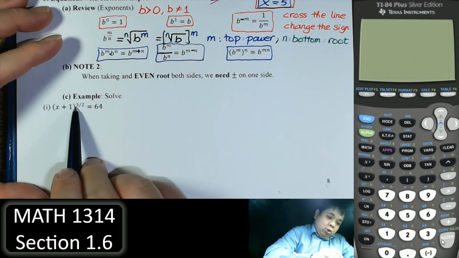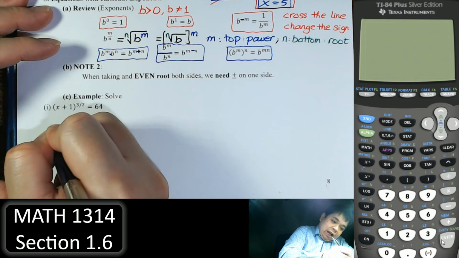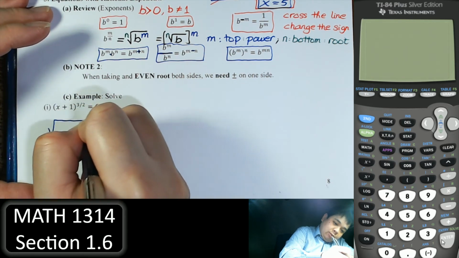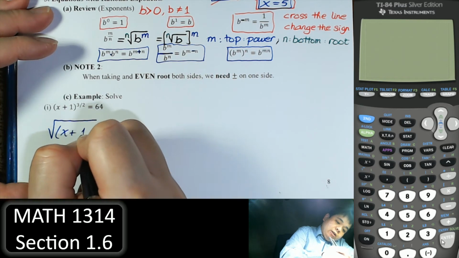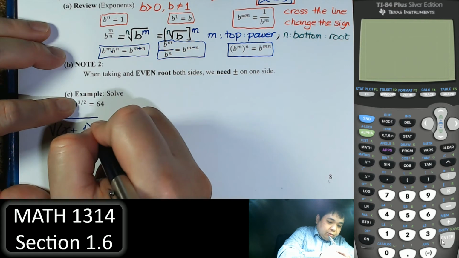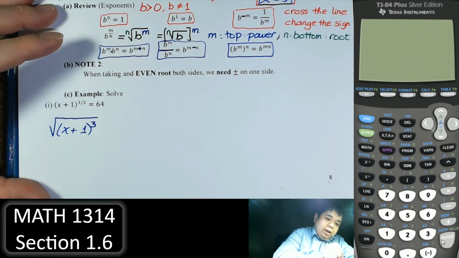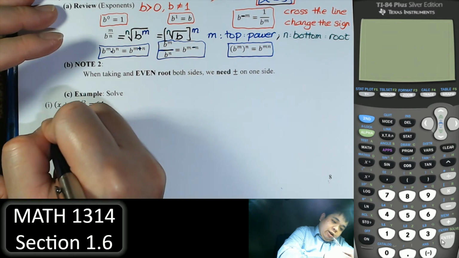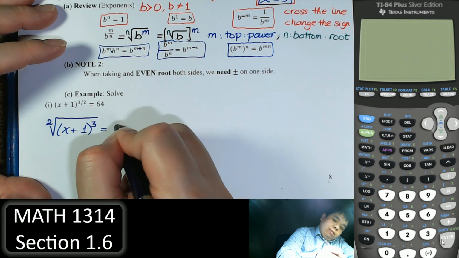So we have 3 and 2. 3 on the top, by the way, rational exponent, so that will be the square root. Right, so I have x plus 1, 3 on the top and 2 at the bottom. Power on top, root at the bottom.